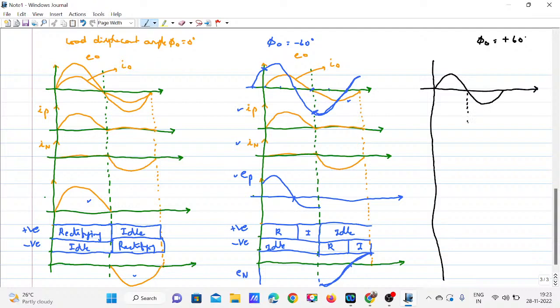Okay, so this is the current. Let me take, this is 60, 120 and 180. So it is 60 degree ahead. So plus 60 degrees, so it should be on the right side.